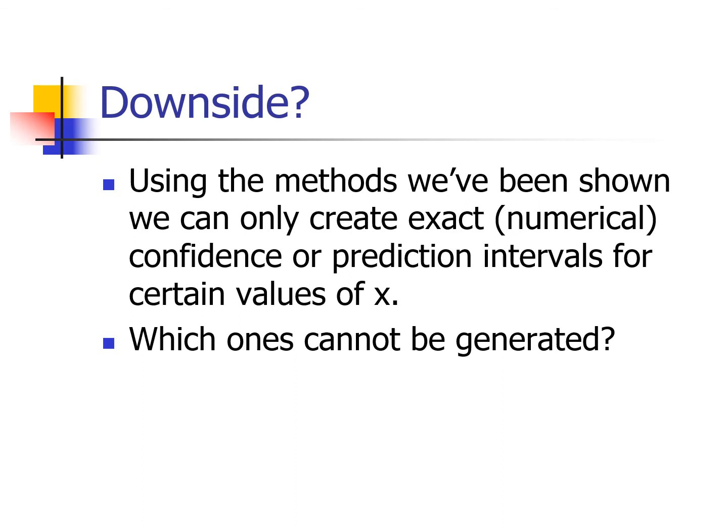Now, there is a little bit of a downside about the methods that we've used. The methods that we've shown, we can only create exact numerical confidence intervals or prediction intervals for certain values of X. What are the ones that we can generate? Exactly, SAS is only generating confidence intervals for values of X that are inside our observed data set.